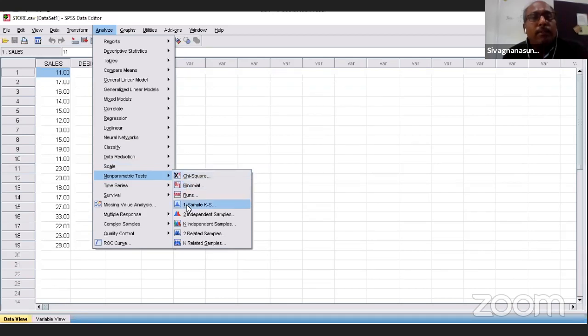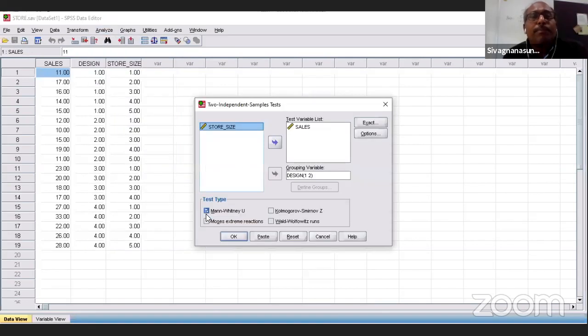You see that. Whatever we discussed is here: chi-square, binomial, runs, one sample t-test. These are all one group. So this is what we are going to do, compare 2 groups, 2 independent samples. My dependent variable, test variable is sales.